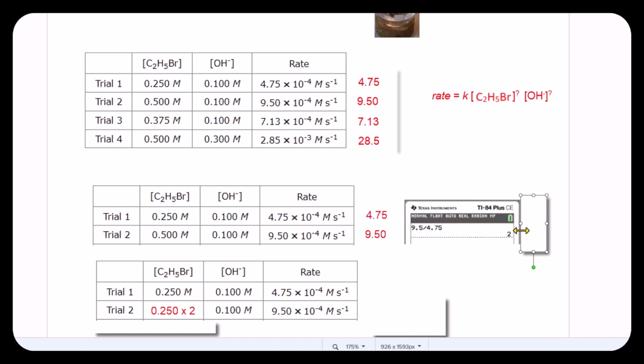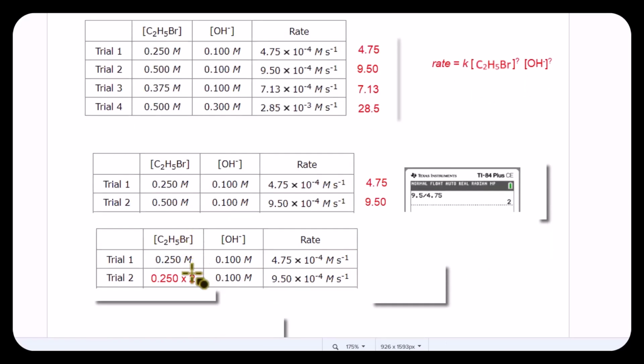And this is my comparison. I'm taking my rate, which is 9.5 for trial 2, and I'm dividing it by the rate in trial 1. And notice this comes out to a 2, and you probably should have been good enough to realize that indeed it is 2.